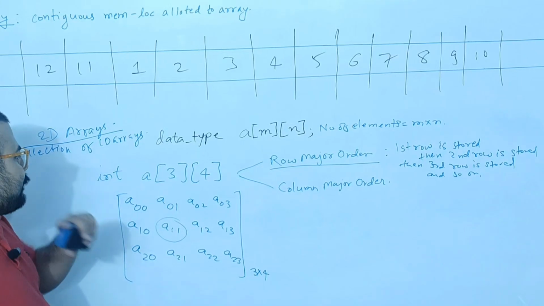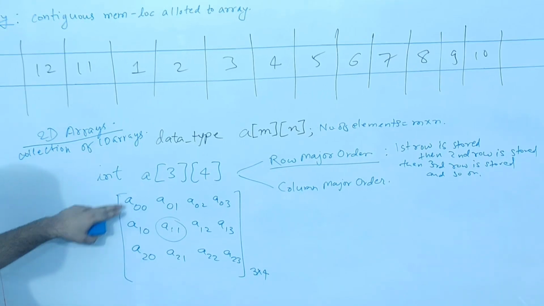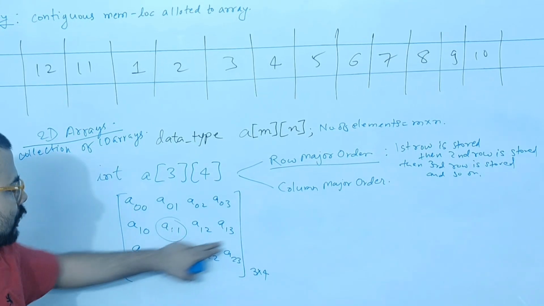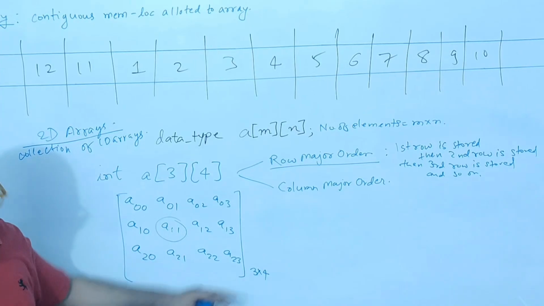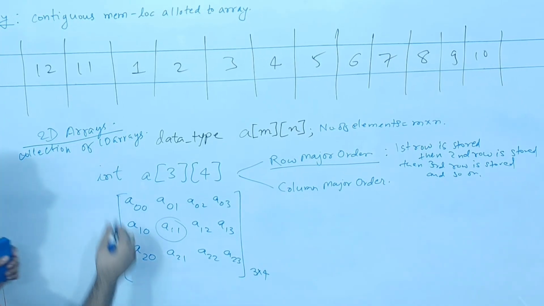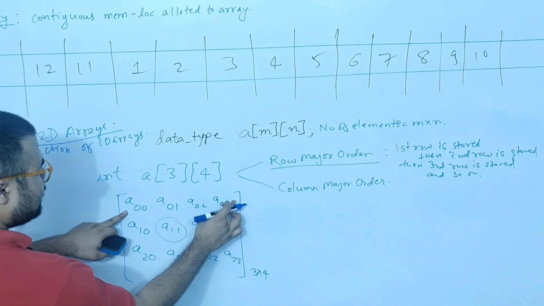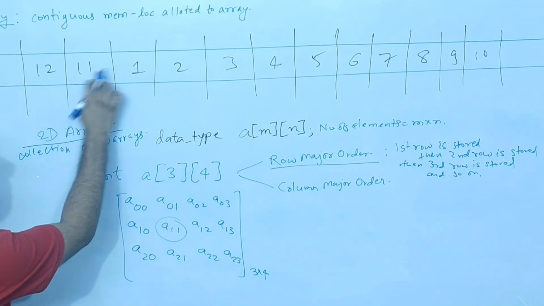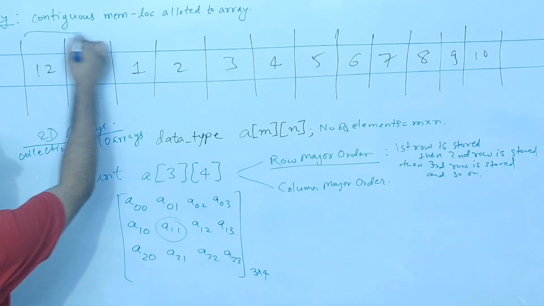In one row, how many elements are there? 4 elements. So 1, 2, 3, 4. This is the first row.